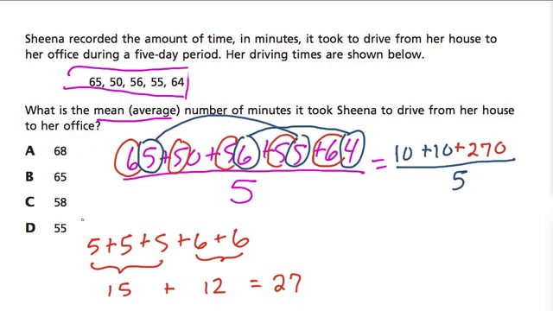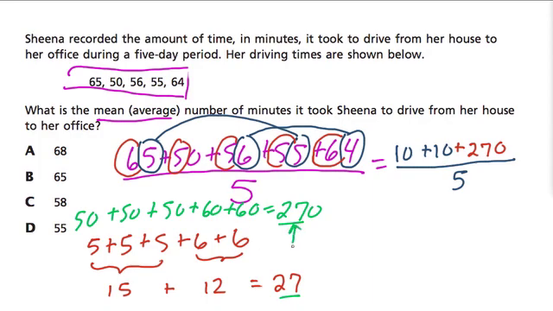Why is that? Well, one nice connection, if we write the real numbers up here, we're adding 50 and 50 and 50. These 5s and 6s here represent the number of 10s, and then 60 and 60. If we were to really add those up, we would get 270. And look at the connection there. When you're adding up all these numbers, since they're all 10 times more than these numbers, the answer is 10 times more than this number down here.